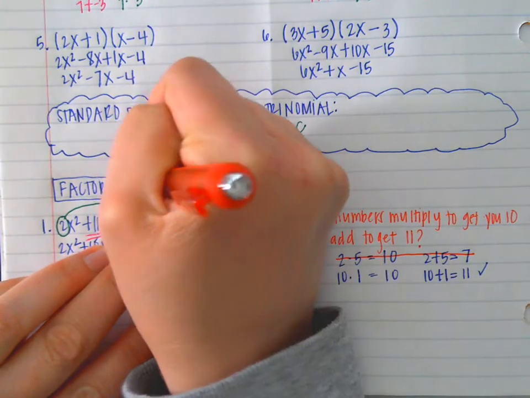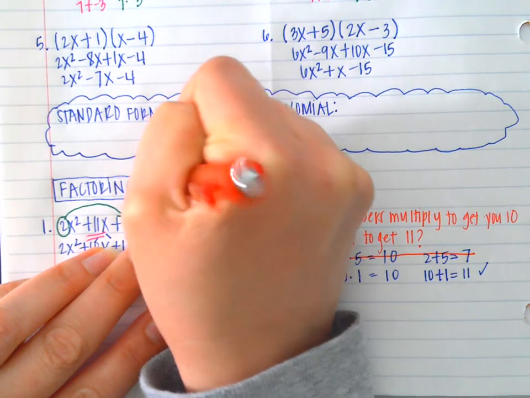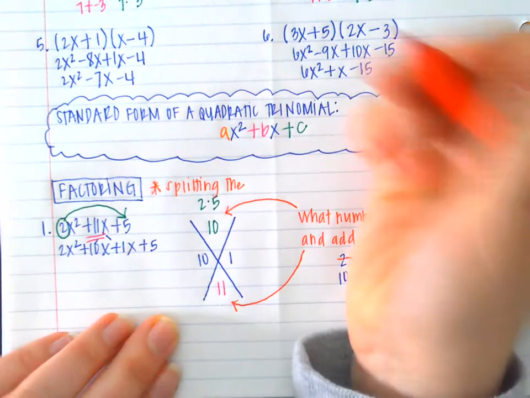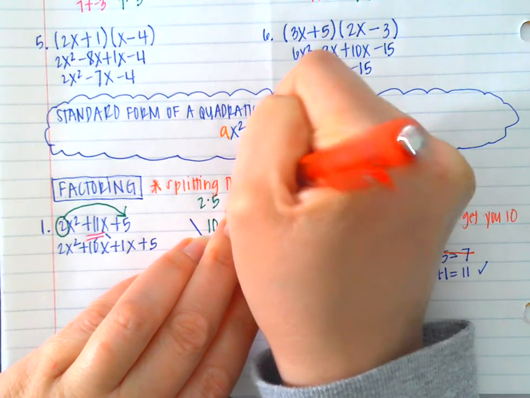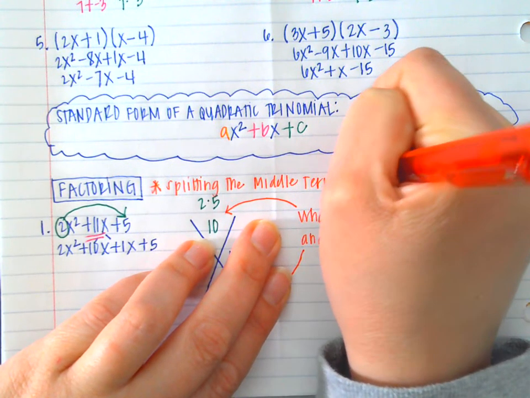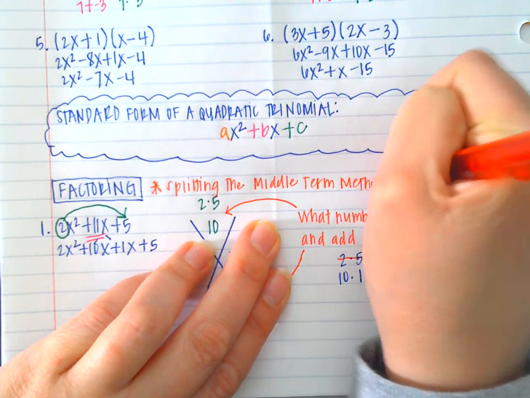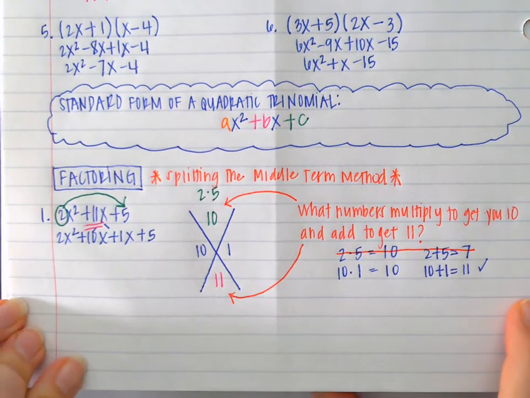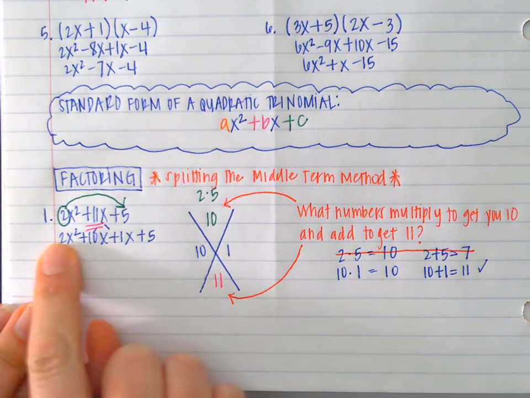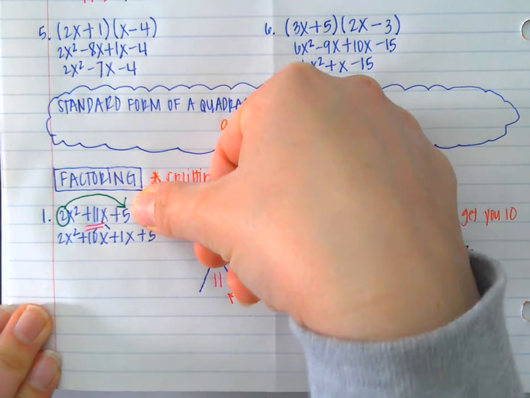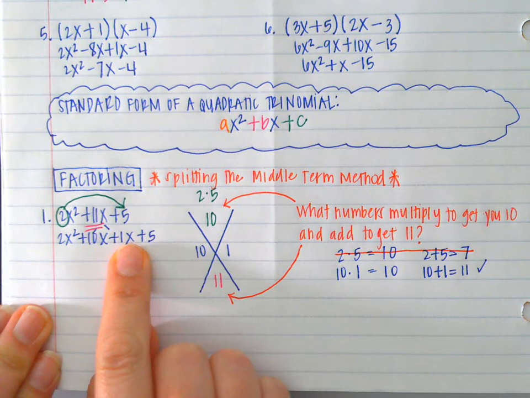I'm going to write that up here, because I often will refer to it as the split the middle term method. Okay, so now what we have, do you guys agree that this polynomial is the same as this? 10x plus 1x is still 11x.